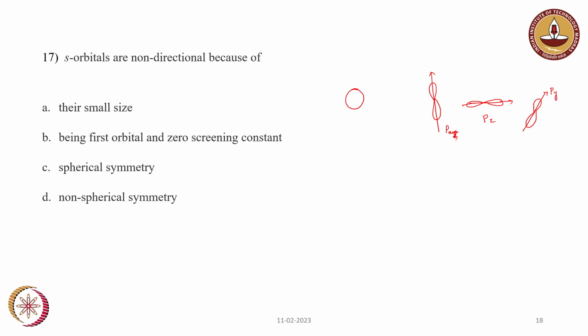So p orbitals are directional. So it has 3 different orientations: px, pz, and py. An s orbital is always spherical, so it is non-directional. So option C is the answer, spherical symmetry.